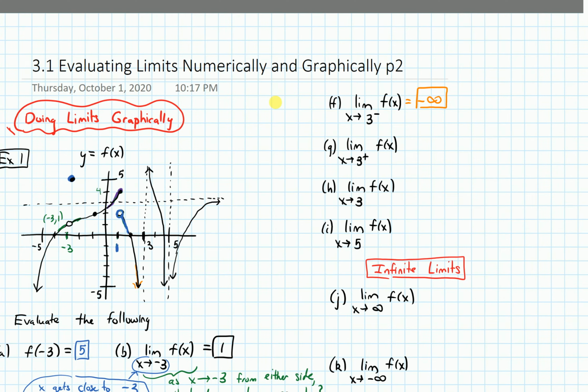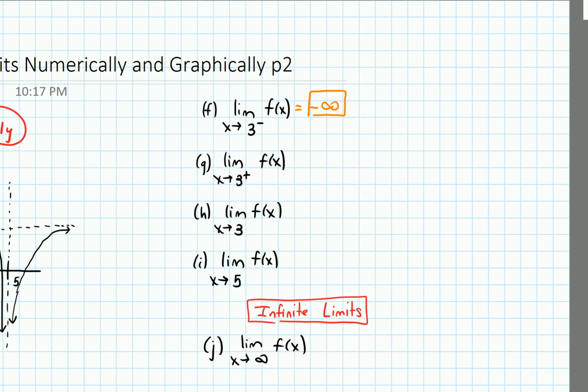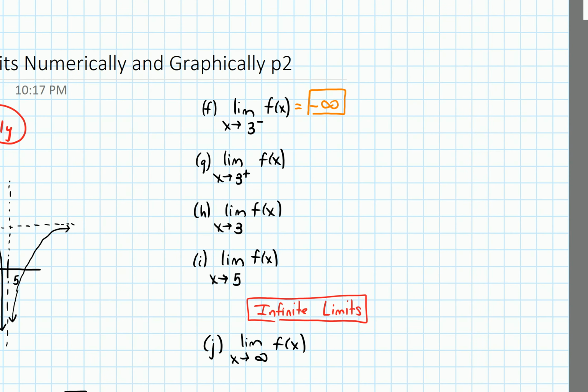So remember that, I want to write a comment here. Although infinity and negative infinity fall into the D and E category technically. In fact, let me really make D and E stand out. Let's put that in red. They fall into the D and E category. So if a limit is infinity or negative infinity, it does not exist.